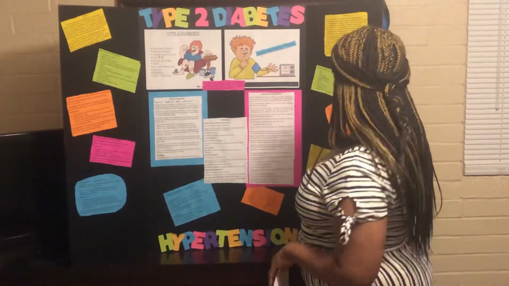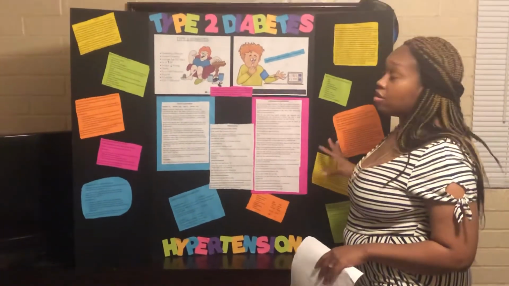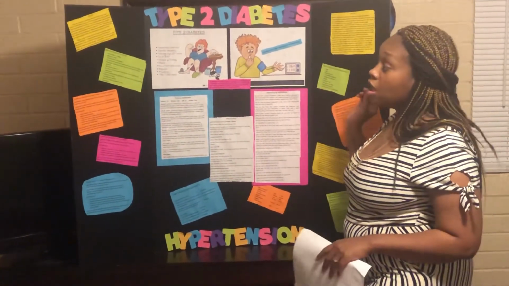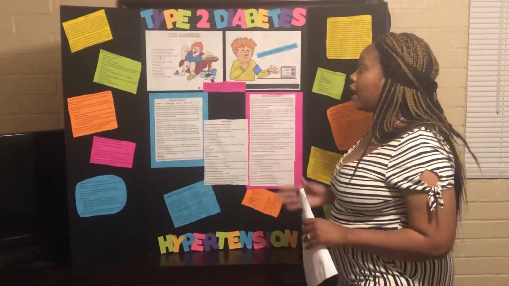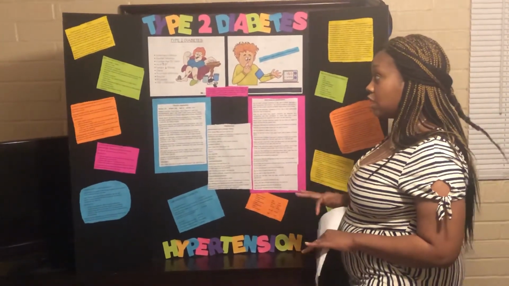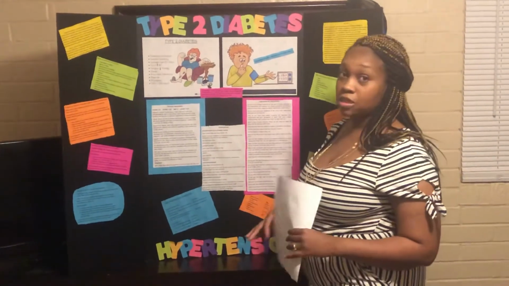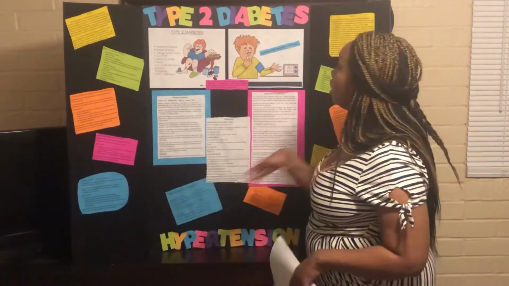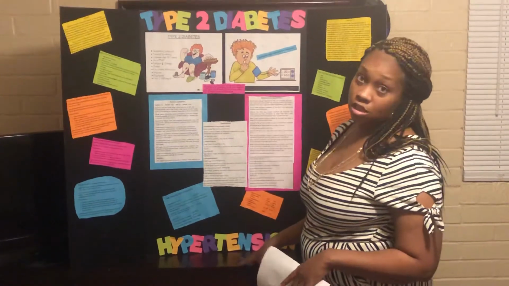And hypertension is going to be about your blood vessels and the way they constrict and the pressure that it applies on your walls, which is affected majorly by type 2 diabetes. The combined impact of diabetes and high blood pressure can increase the risk of cardiovascular disease, kidney disease, and other health problems. 50 to 80% of people in the United States who have type 2 diabetes have hypertension as well. If you see one, you're most likely going to see the other.